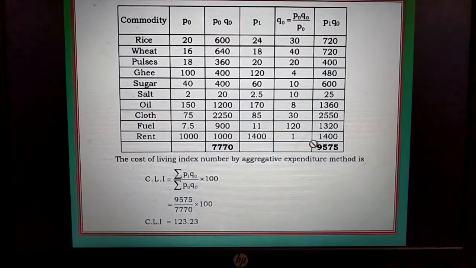Completely the column is to be calculated, take the sum of that and substitute in the numerator. And after arithmetic calculation, you will arrive at the final answer, which is 123.23. That means 23.23% increase in consumer price index in current year as compared to base year.